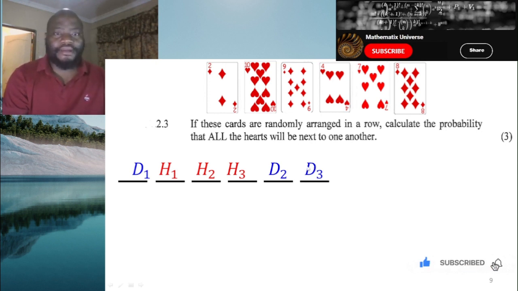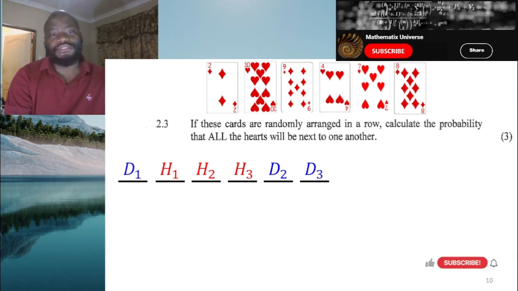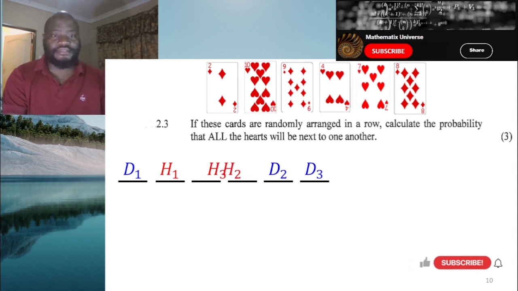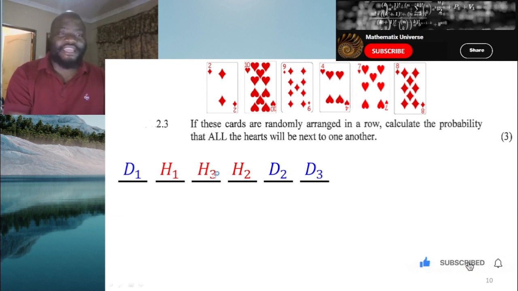But remember, we also have a situation amongst the hearts themselves that they could also move around like this. So it could be a group where it's 1, 3, 2, the order of the hearts, and then they're again moving around between the Ds.